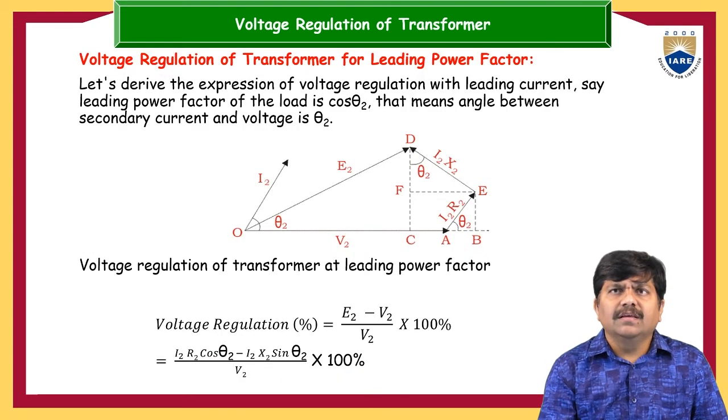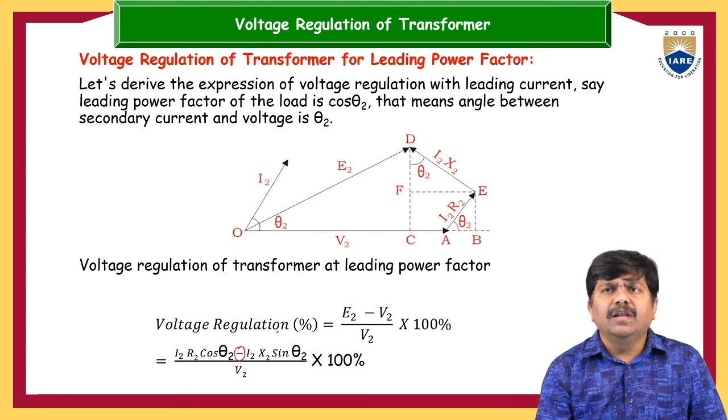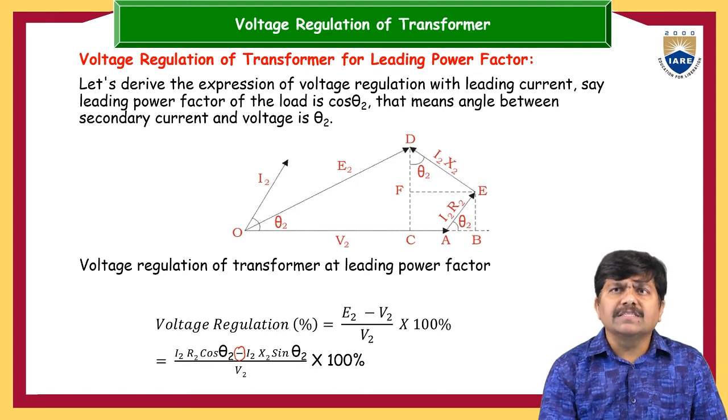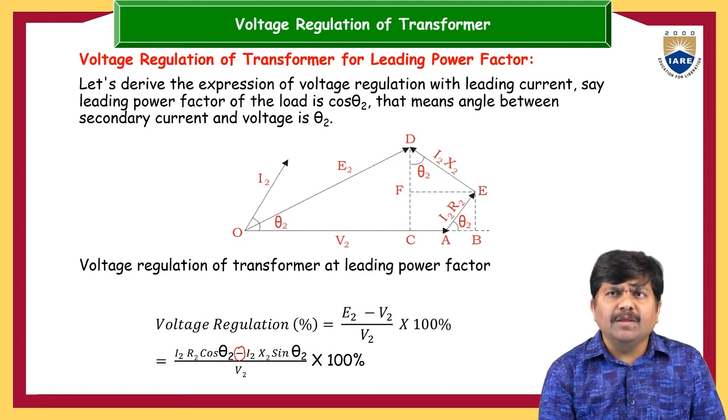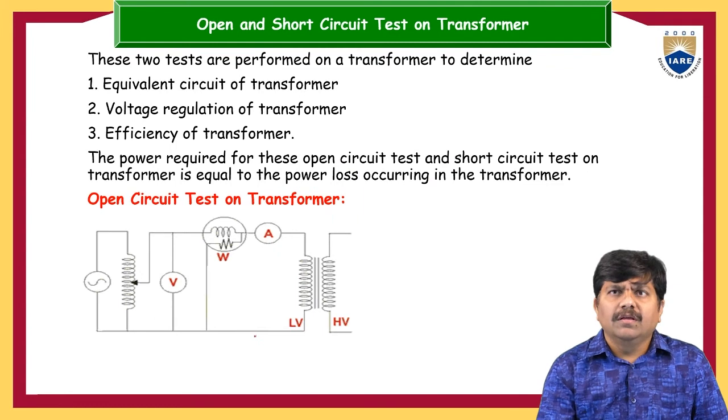For leading power factors also, the formula and everything is the same, but the phasor diagram will be slightly changed. So if you want to calculate the voltage regulation for leading power factor, you will get the negative sign here, whereas positive is used for lagging power factors.